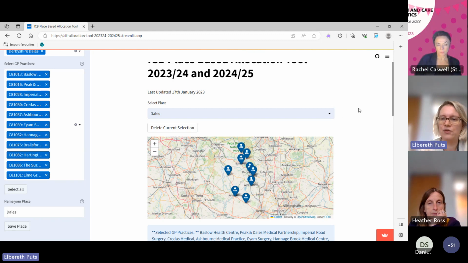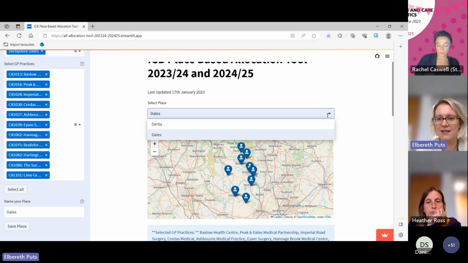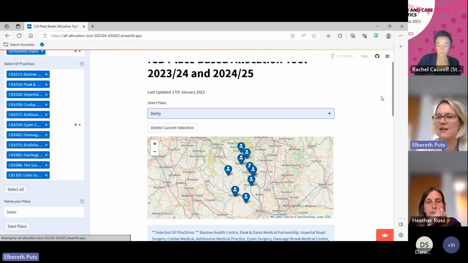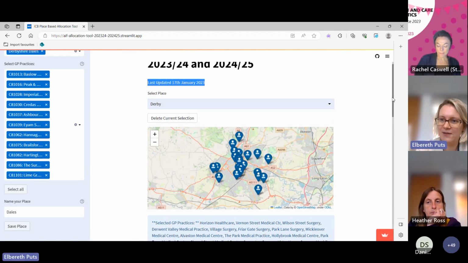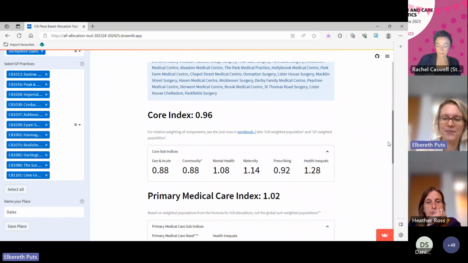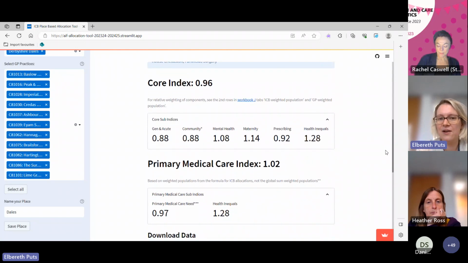And when you scroll down, which we will do in a moment, you'll be able to see the need indices for this place, consisting of these GP practices. First, you would need to select which ones you want to inspect. So let's inspect Derby first. Sorry, this is always a bit of a pain. Right. So now these are the need indices for this place, for Derby local authority.